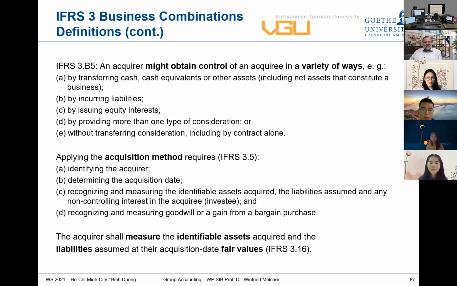Wertpapiere means equity instruments, financial instruments that are very near to cash, or other assets, including net assets that constitute a business. So you can do that in a variety of ways. You could also assume liabilities.